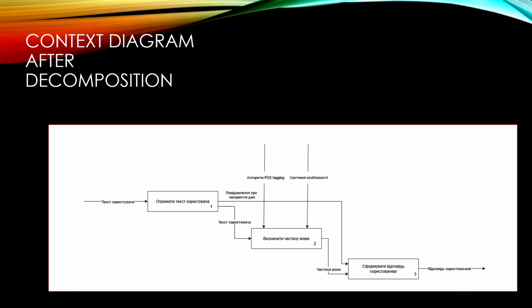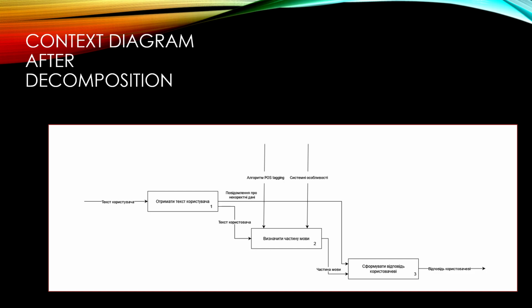The context diagram after decomposition has three processes, which are gaining the text of users, then POS tagging, and formulating the answer for users.